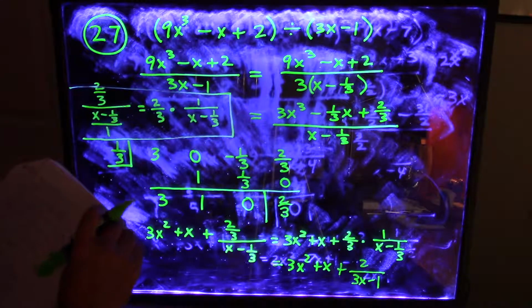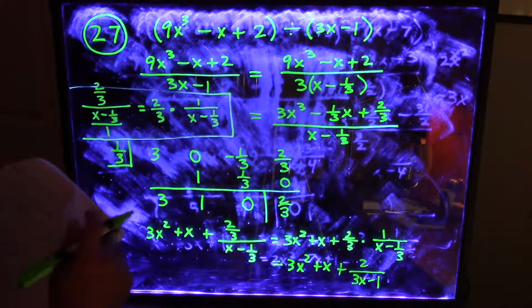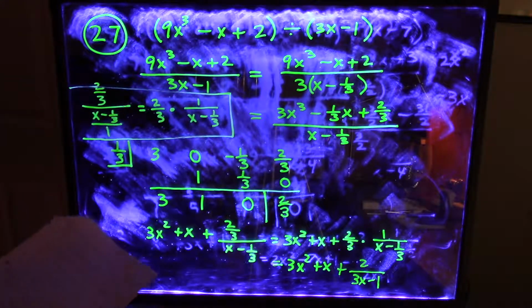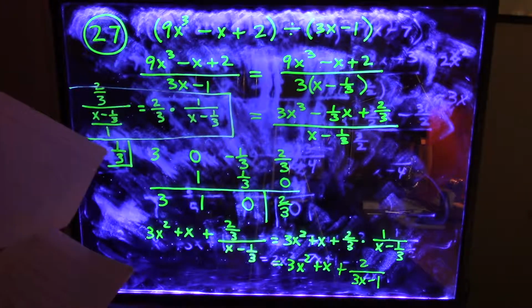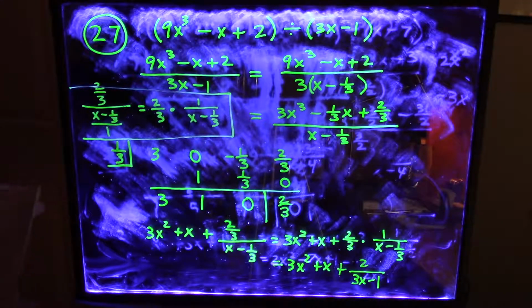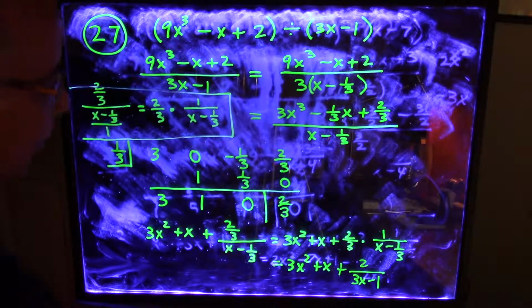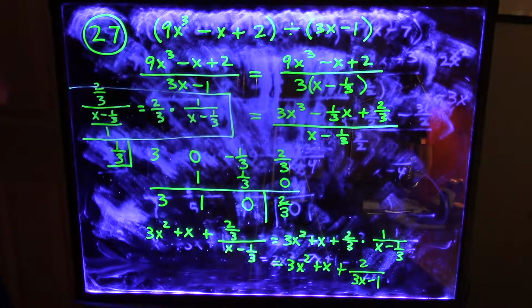I say probably because it's been a while since I checked when I did this work. But I do check all my answers against the book, and if I didn't make any notation about it, then I agree with the book. So that's how you get it into the way we want it with the original divisor.